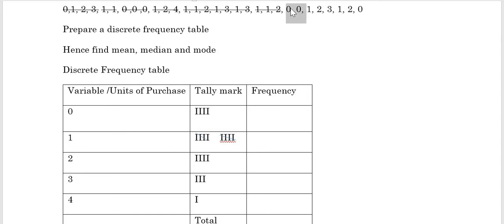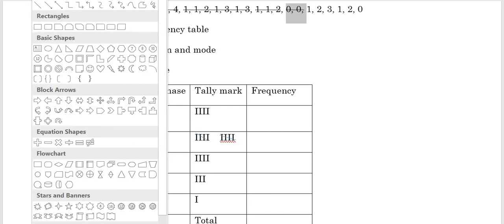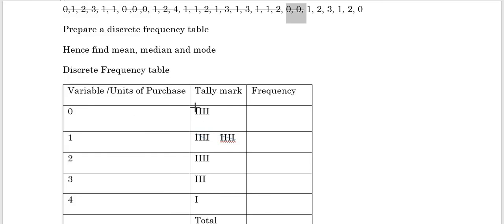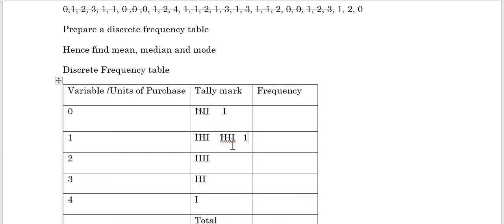Then we have 0, 0. Two zeros. So the first 0 is going to be a cross tally, being the fifth one. Then we have one more tally. So leave enough space and then give the next tally for 0, 0. That is done. Next, 1, 2, 3. Let's just take a group of 1, 2, 3. Here comes 1.